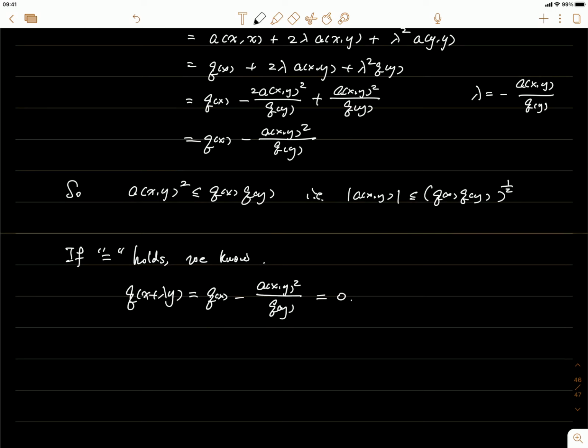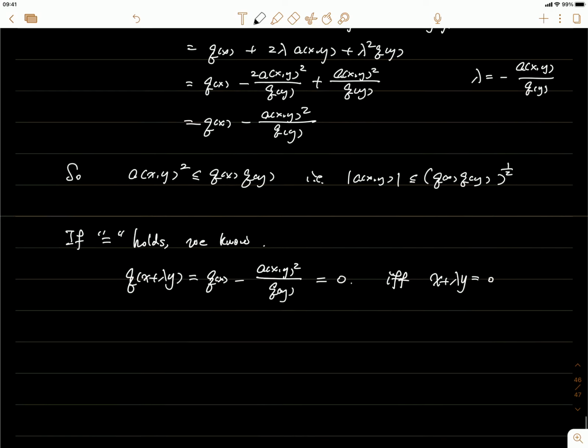So if the equality here holds, that means this is equal to 0, and that also means x plus lambda y is 0, because Q is positive definite. So this is true if and only if x plus lambda y is equal to 0.